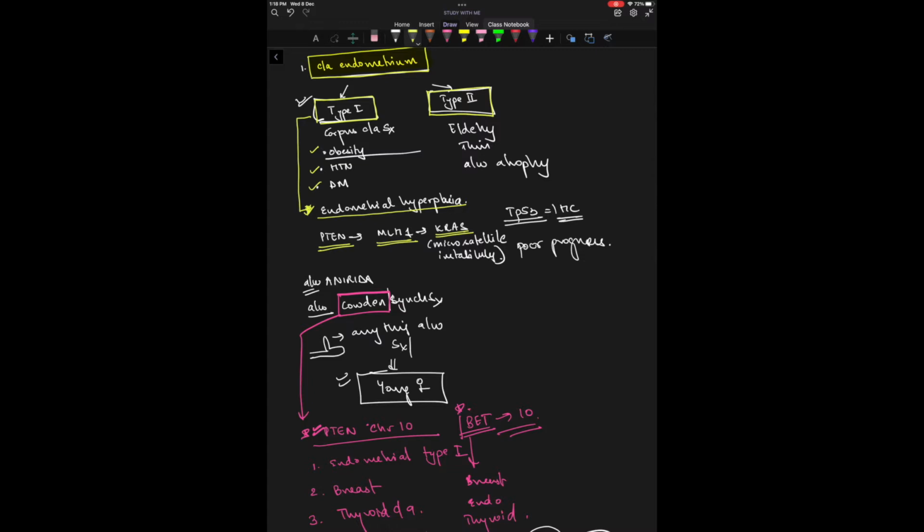And then aniridia is also associated with type 1 endometrioid cancer. It can be associated with other mutations like Cowden and Lynch syndrome.